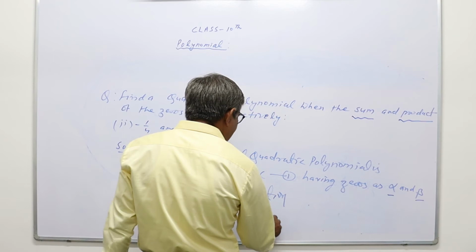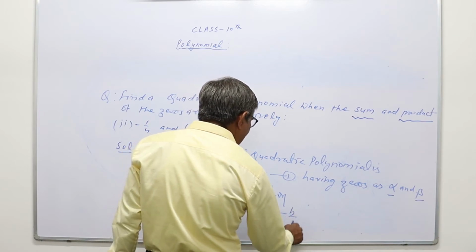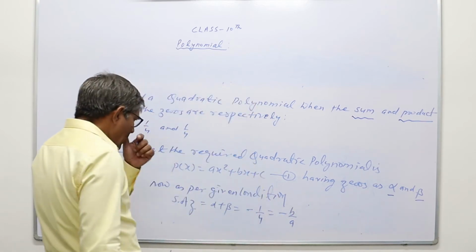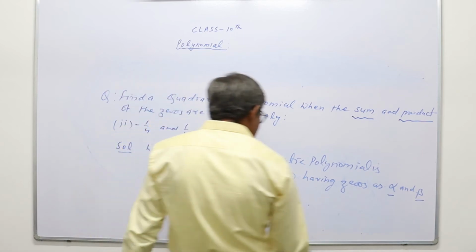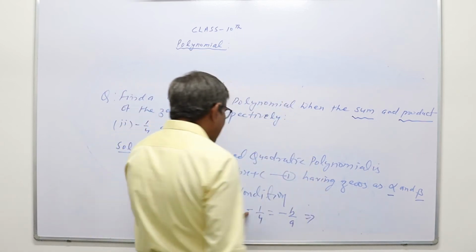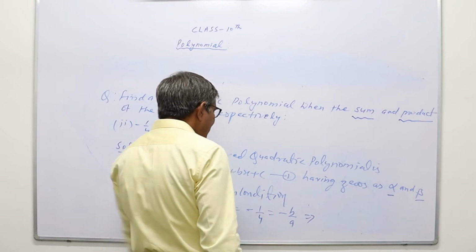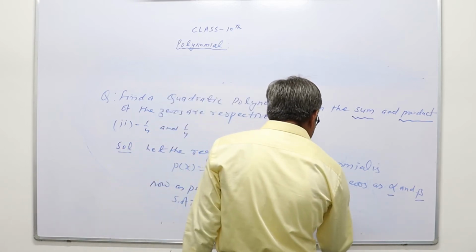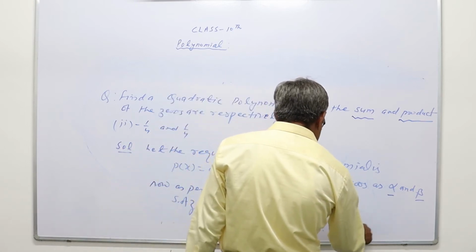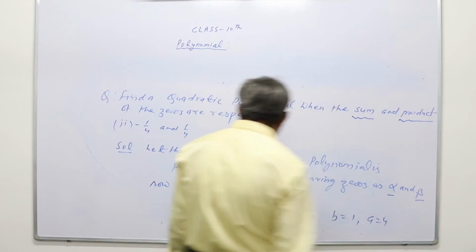And what is alpha plus beta? This is minus b by a. On comparing minus 1 by 4, it implies that b is equal to 1 and a is equal to 4.